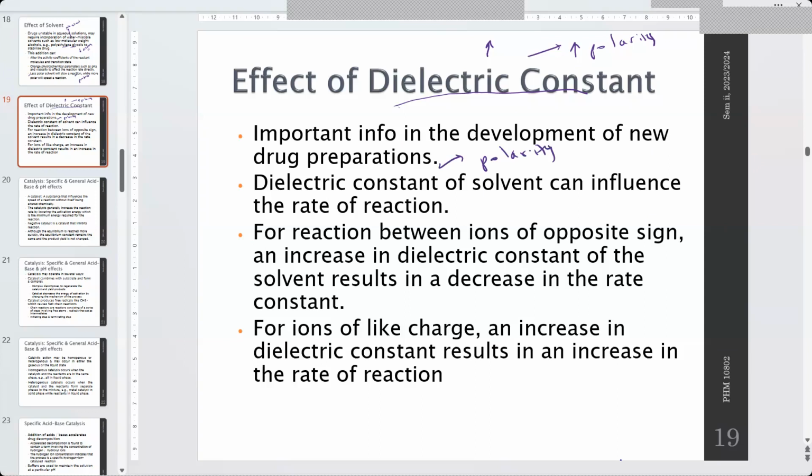Actually, we can say a better rule than what is written here. Okay, if you have a reaction between ions of opposite sign, then when you increase the polarity of the solvent, it will decrease the rate constant, means decrease the rate of degradation.